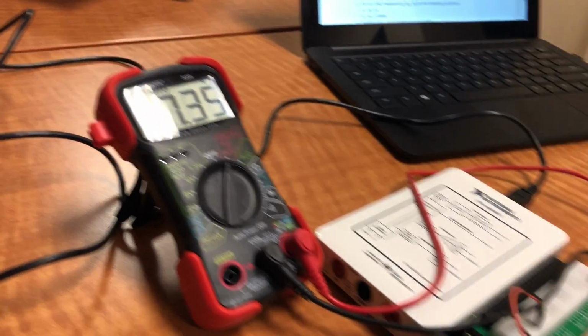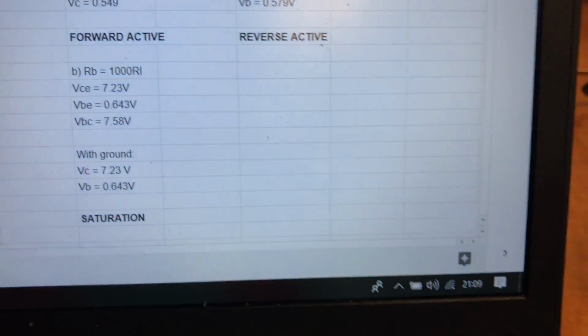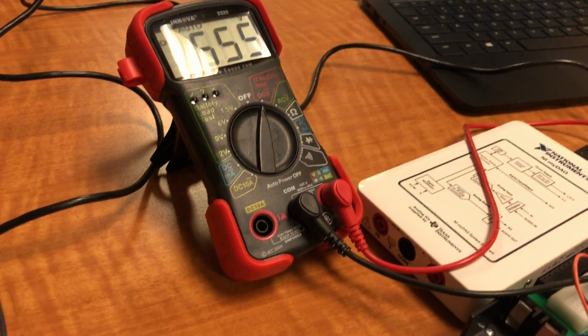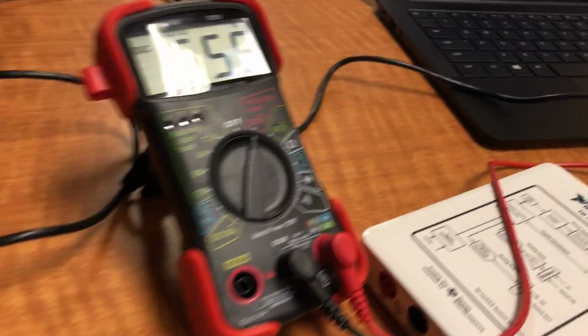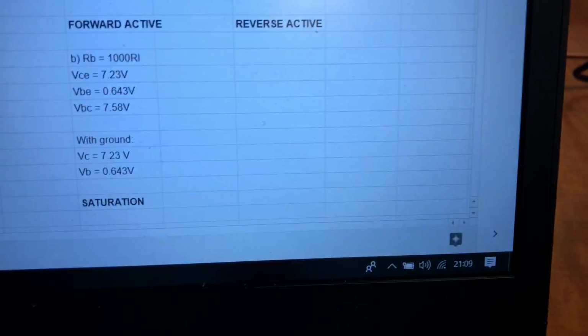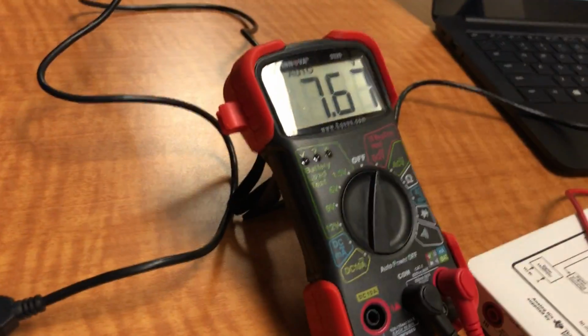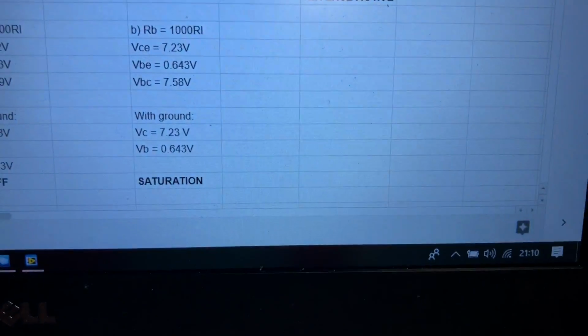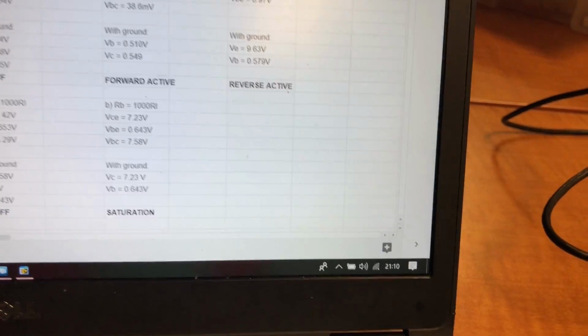CE, 0.35, 7.23. BE, 0.655, 0.643. 7.67, 7.58. Okay, and that's saturation. It's in the saturation region.